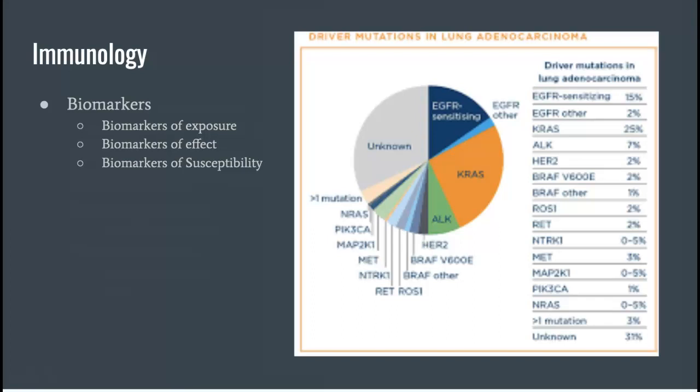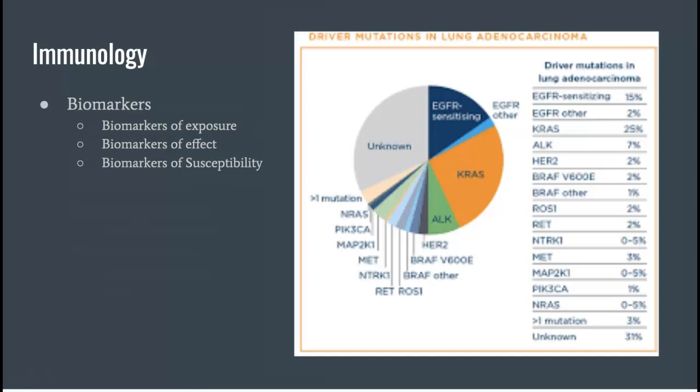So biomarkers are a biological molecule found in blood, bodily fluids, or tissues that is a sign of normal or abnormal processes or of a condition or disease. This image shows the lung biomarkers, which was my organ throughout the course.